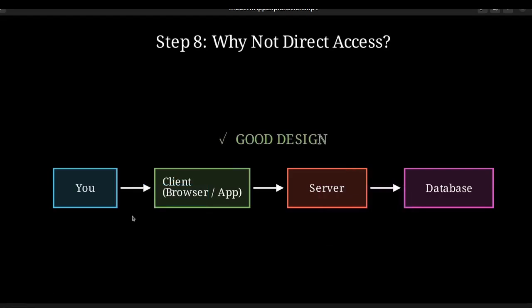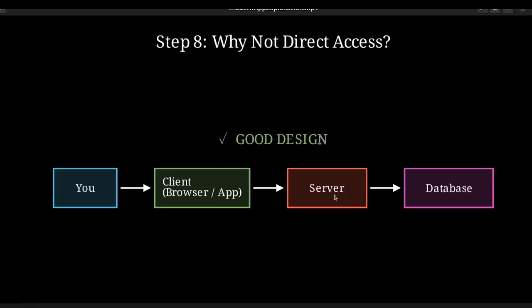A good design is that the client talks to the server, the server does authentication and verification, and then it talks to the database. Having a separate design for separate things is a good design. Otherwise, it's really hard to make things work in the same server.